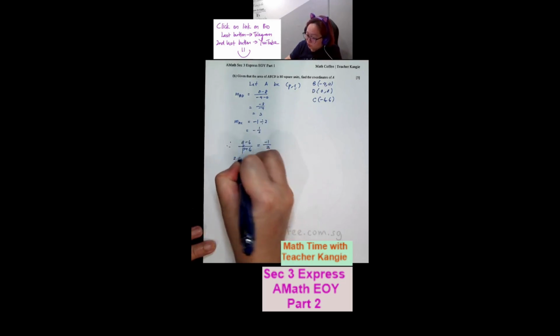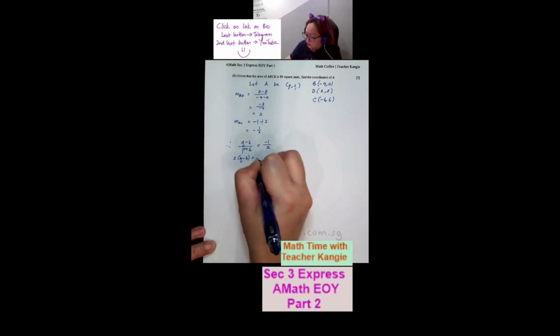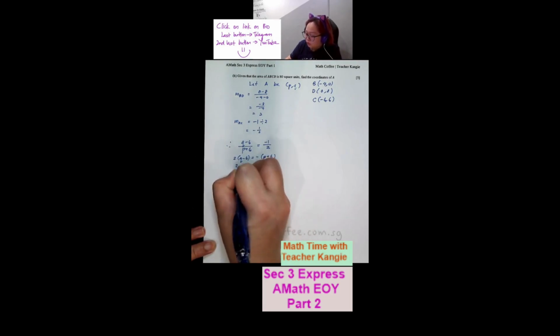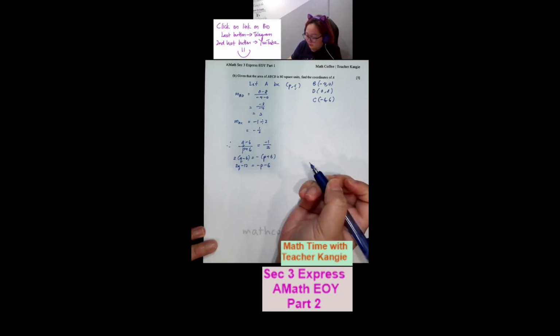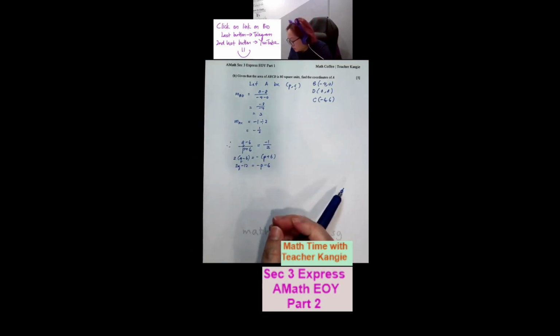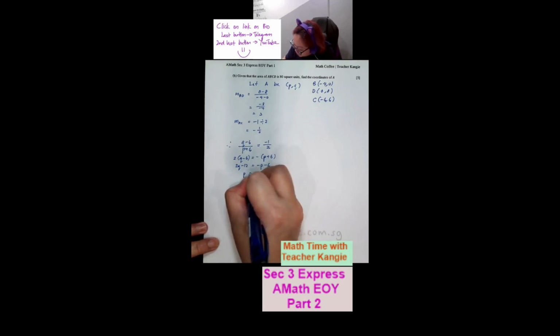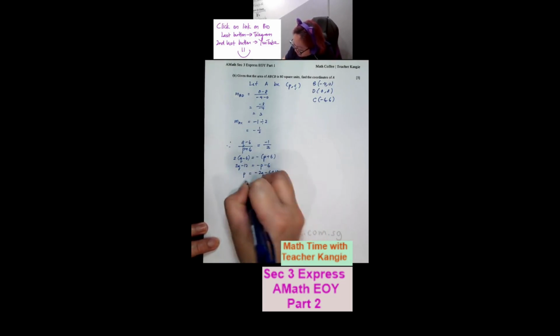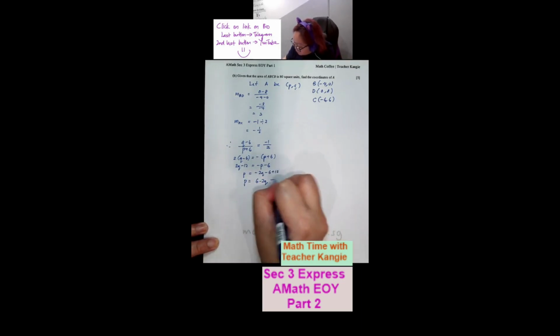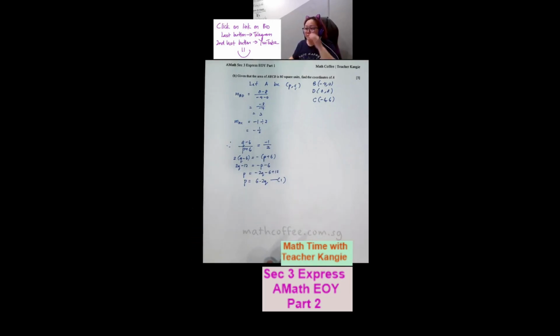We have 2(Q minus 6) is equals to negative (P plus 6). So we have 2Q minus 12 equals to minus P minus 6. Let's make P the subject. P equals to negative 2Q minus 6 plus 12. P is equals to 6 minus 2Q. And that will be my equation 1.